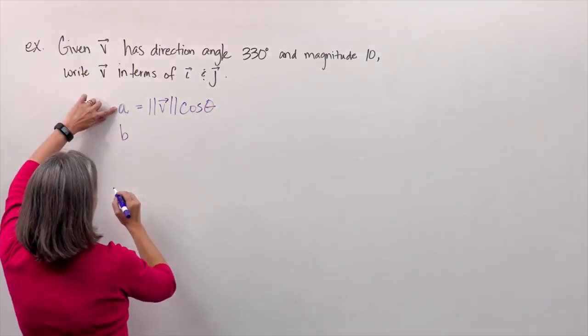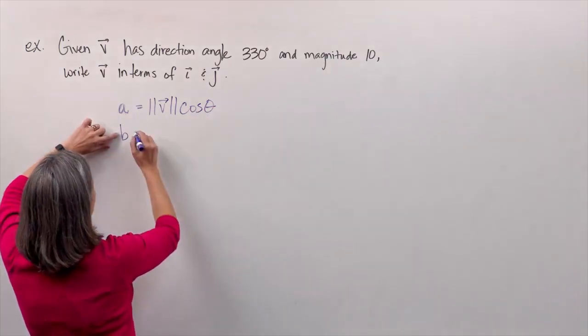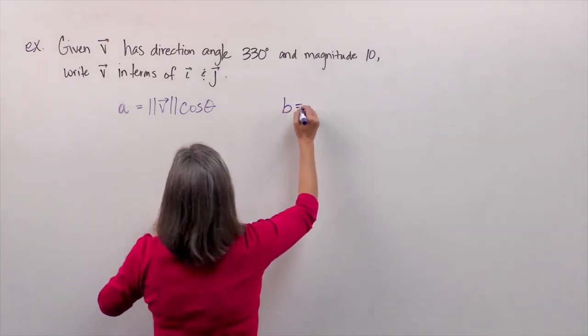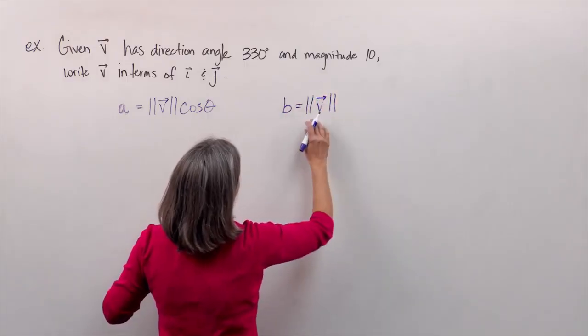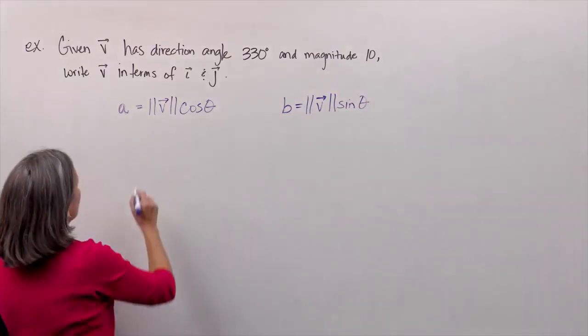The horizontal component a is the magnitude of the vector times the cosine of the direction angle. And then the vertical component b of the vector is the magnitude of the vector times the sine of the direction angle.